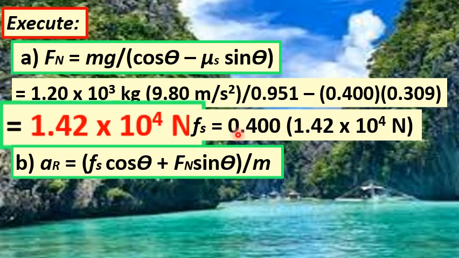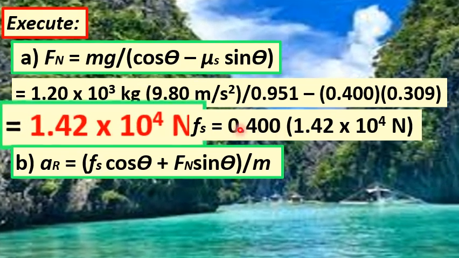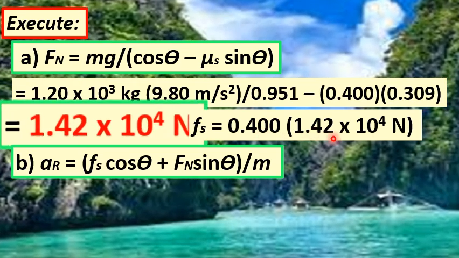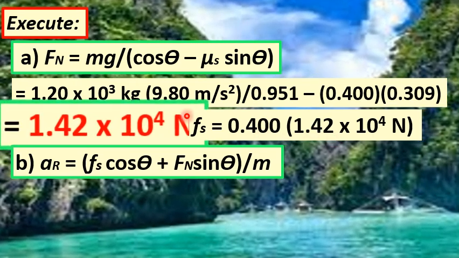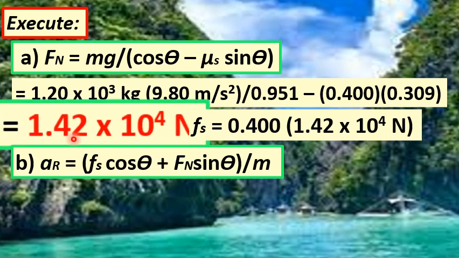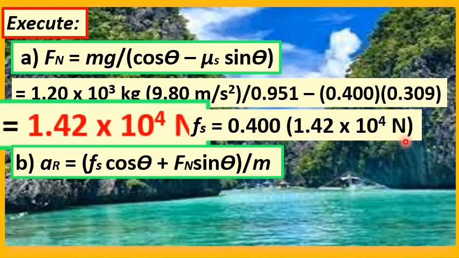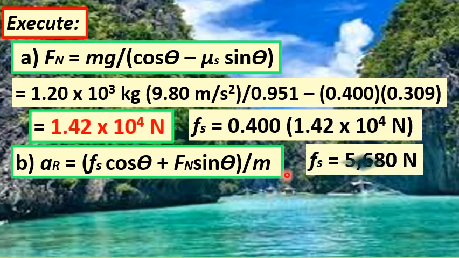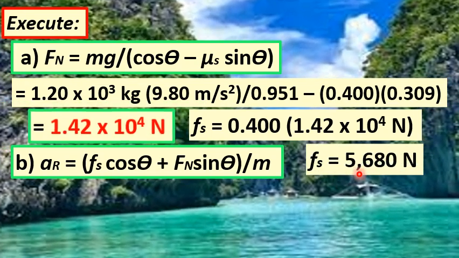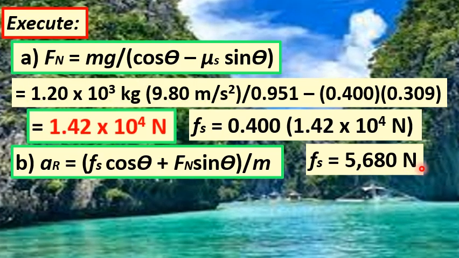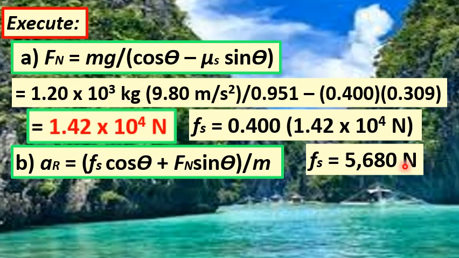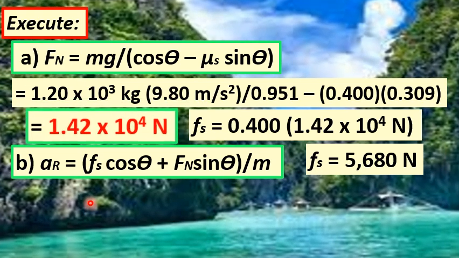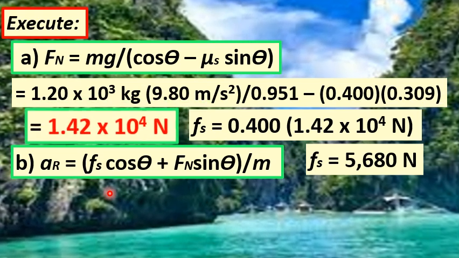Multiplying the coefficient of static friction 0.400 by the normal force that we just computed, 1.42 raised to the fourth power Newton. And that is static friction equals 5,680 newtons. So this value of F sub s will be used in our calculation for the radial acceleration.